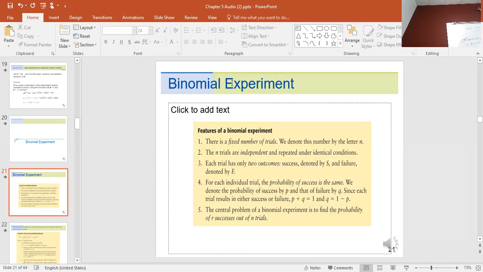I want to use an example to illustrate how we get this formula. Suppose a die is rolled 6 times, and success is a number less than 3.